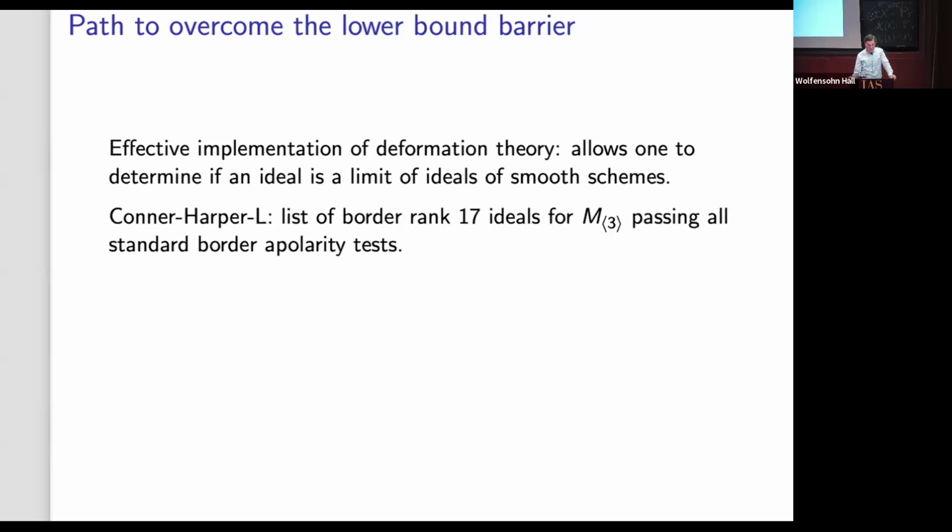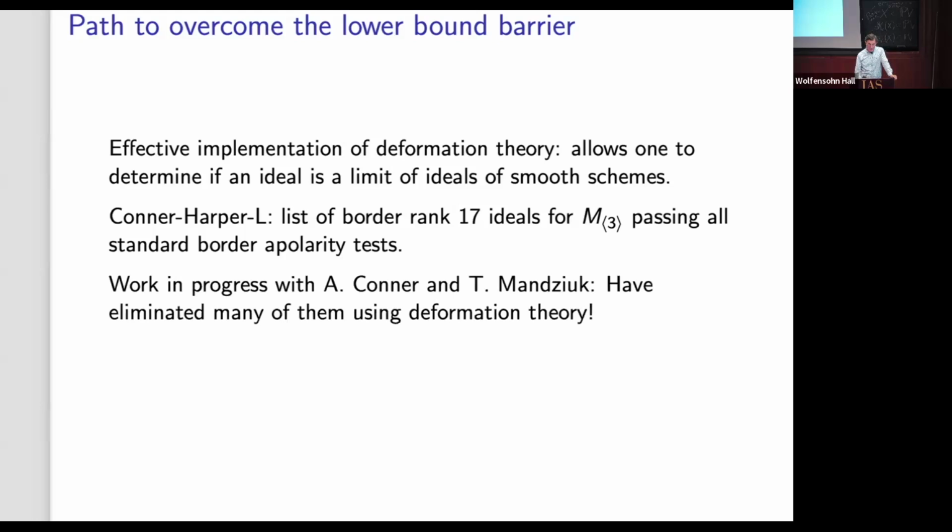Before that, in our old paper, the reason we did not prove lower bound 18 is because we found ideals that passed all those tests for border rank 17. It wasn't that long of a list, but we were stuck. And now, in this work in progress with Connor and Manduk, we've eliminated many of them using deformation theory.